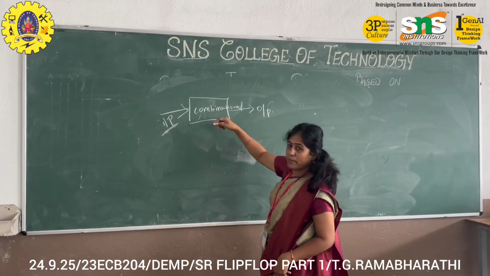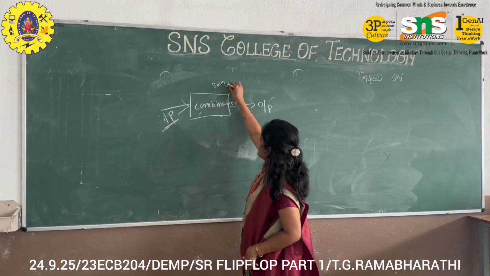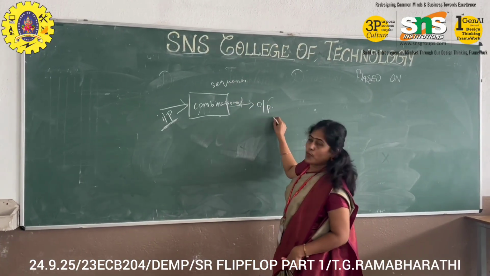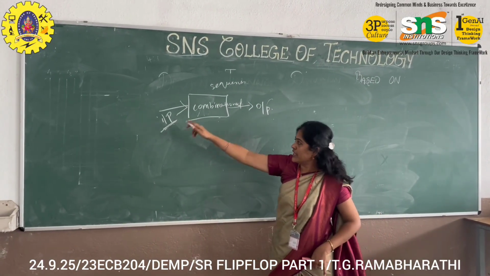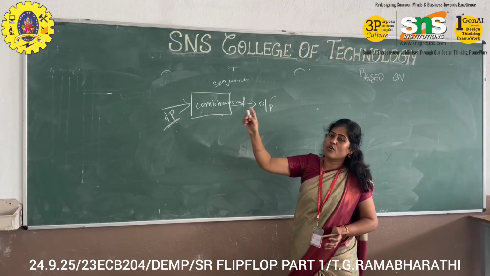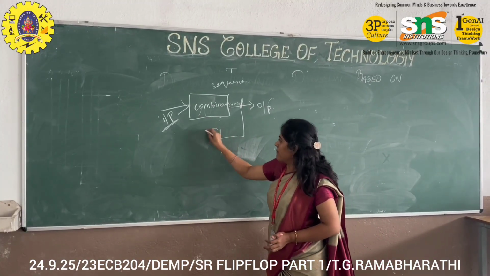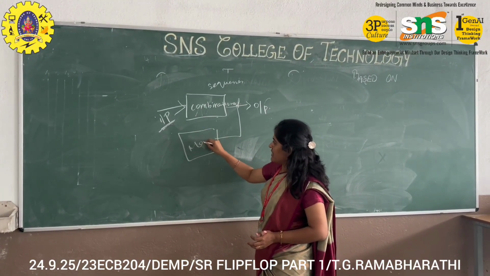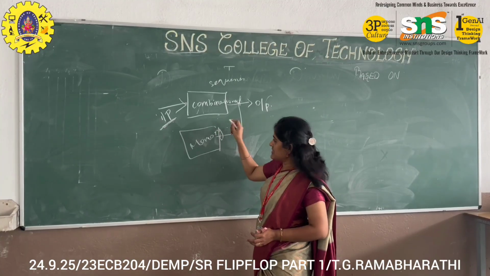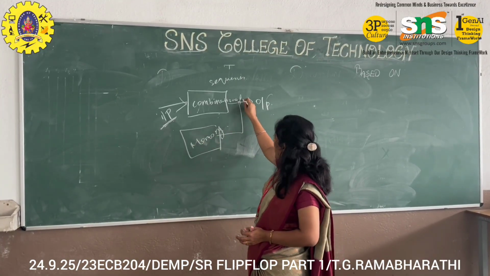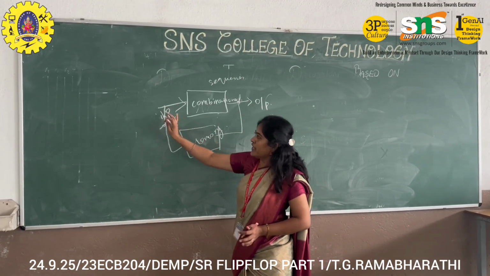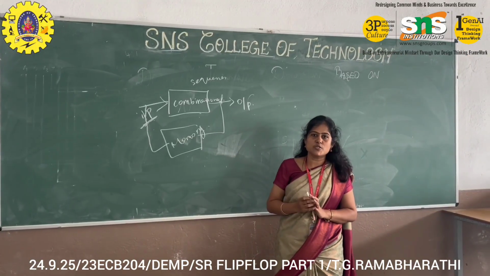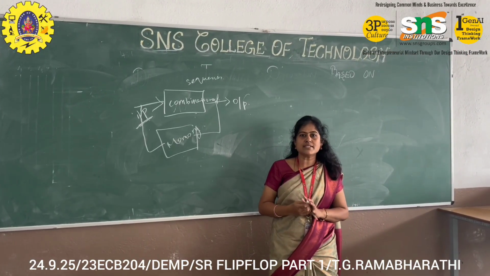But in a sequential circuit, the output produced depends on the input as well as the previous output. For that, we need a memory. So if we add a memory to the combinational circuit, it becomes a sequential circuit, and part of the output is fed back to the input also. This is the difference between a combinational circuit and a sequential circuit.